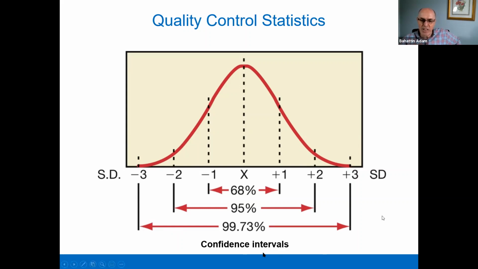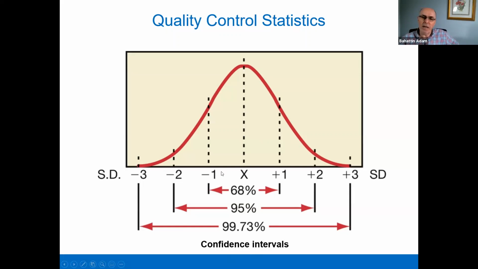The confidence interval means, if you accept one standard deviation, what does it mean? If your results fall into one minus and one plus deviation, in this area, and this area will be your confidence interval.